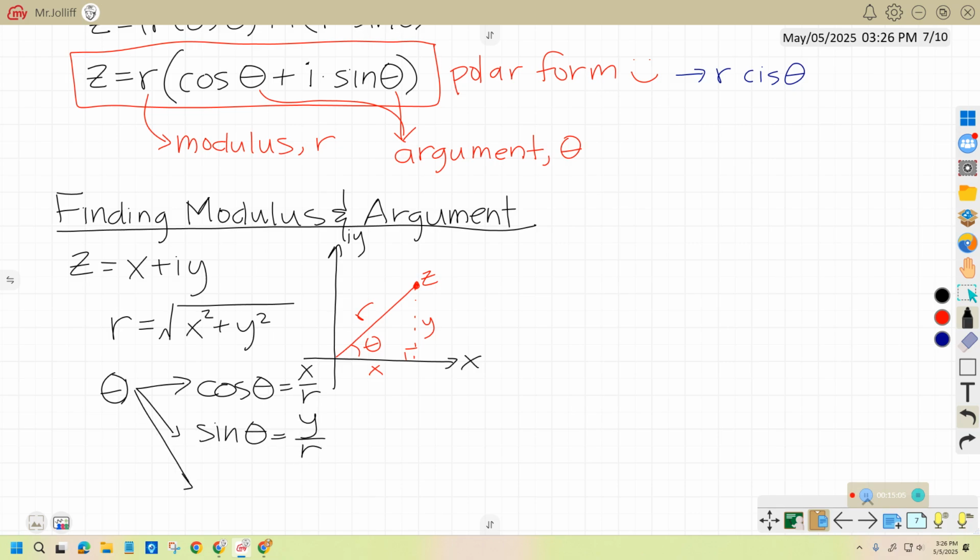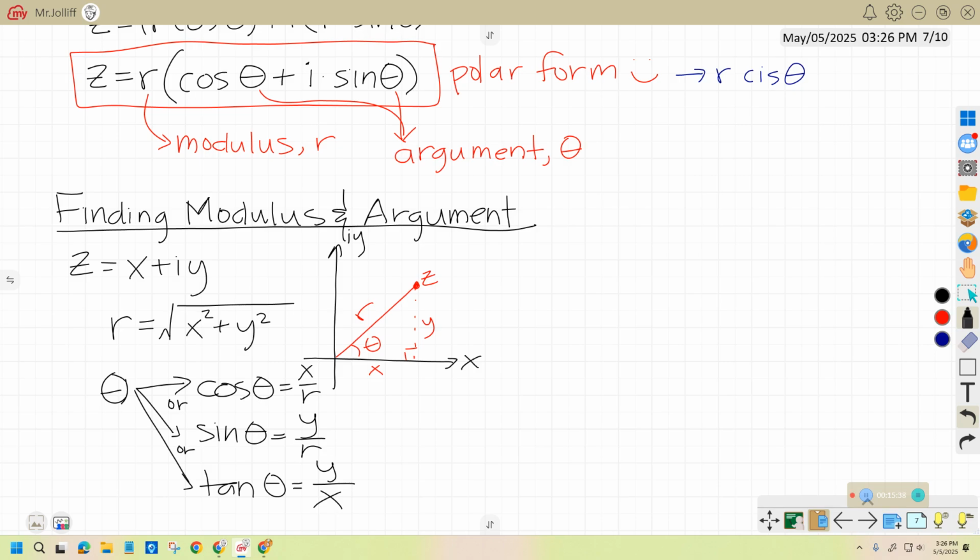You can set up tan theta equals y over x, opposite over adjacent. So you're going to pick one of those trig functions, right? I don't have to do all of them. They should give me the same answer.